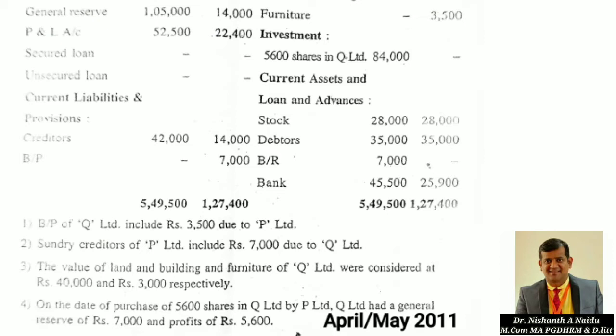On the date of purchase of 5,600 shares in Q Limited by P Limited, Q Limited had a general reserve of rupees 7,000 and profit of rupees 5,600. So with this given information, we are supposed to prepare a consolidated balance sheet in the books of P Company Limited. So without any further delay, let us start the solution part.